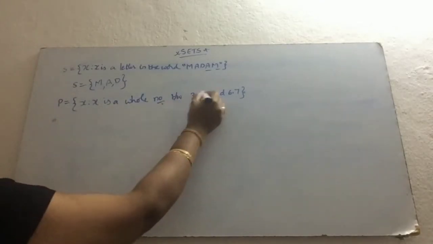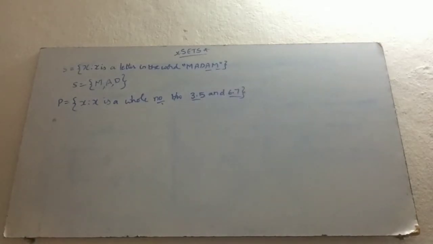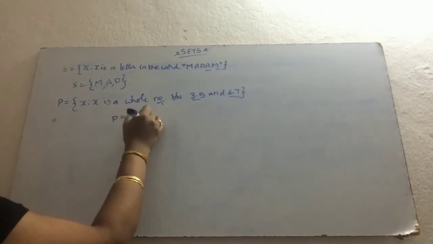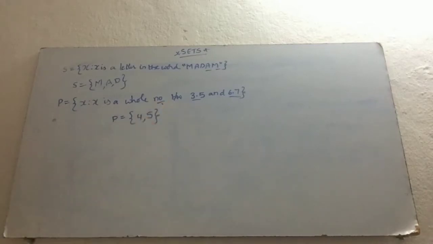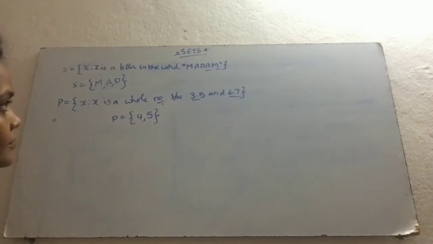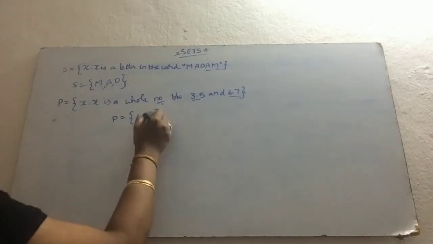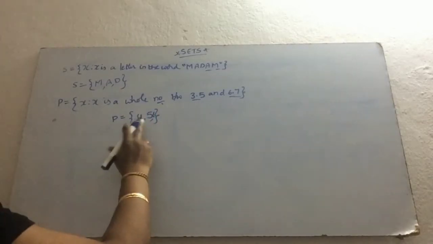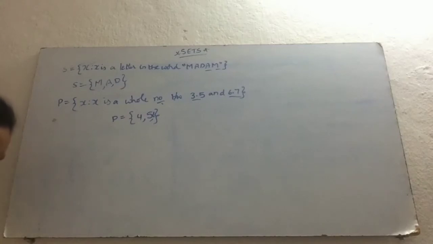Between 3.5 and 6.7, that means P equals 4, 5, 6 also. So 4, 5, 6.